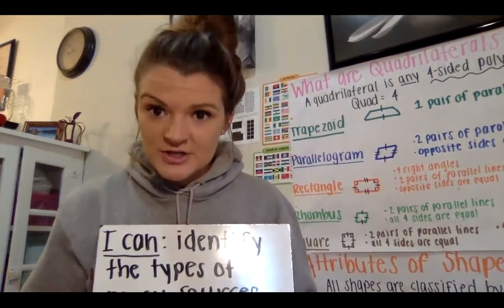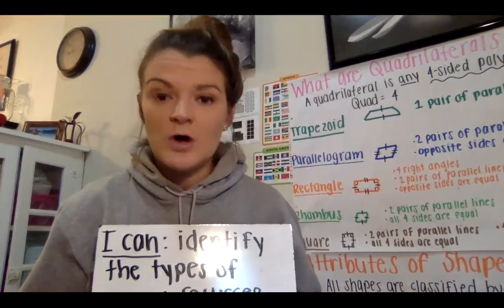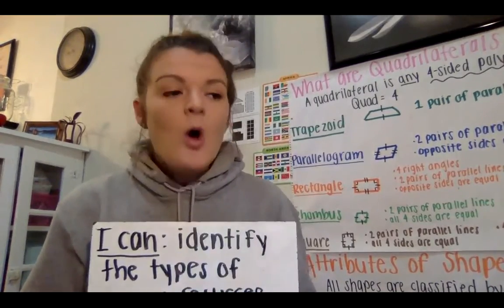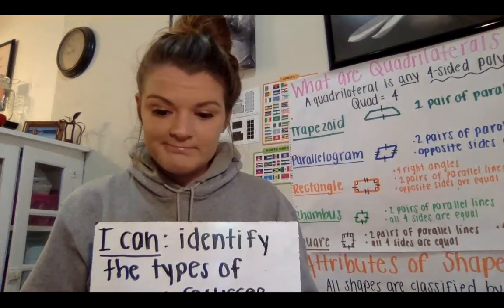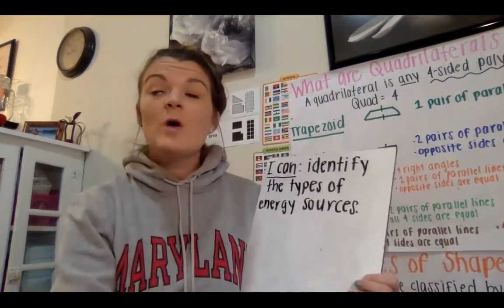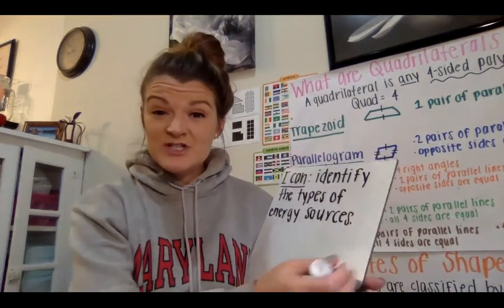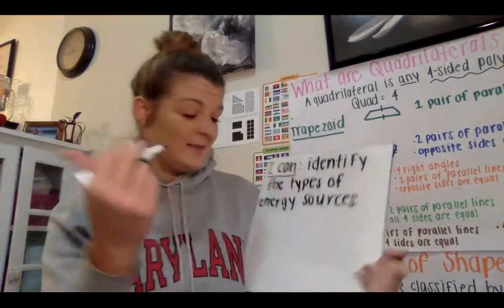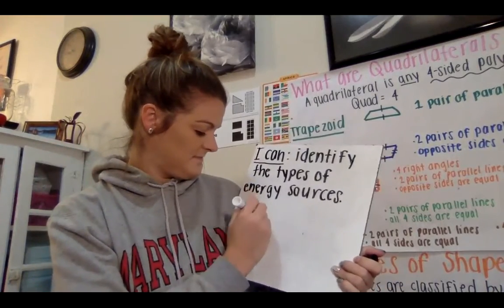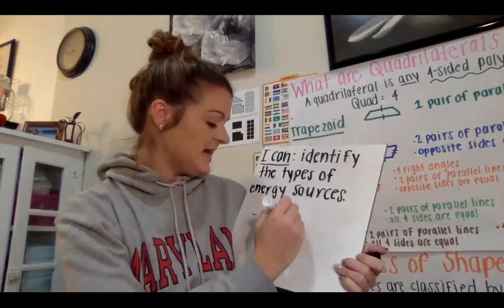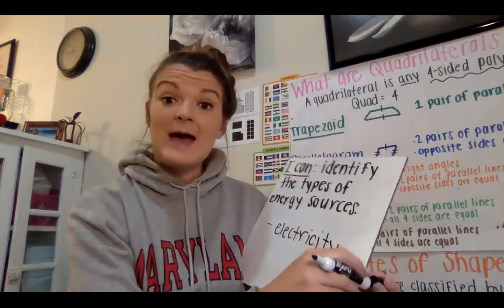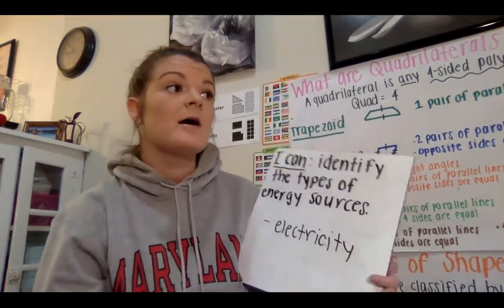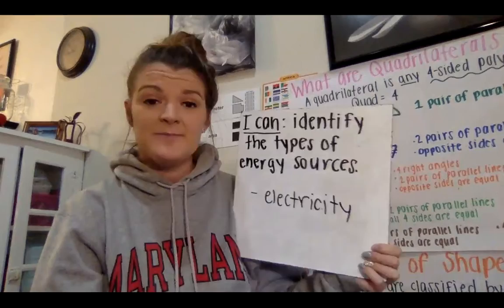Now, when we think about energy, energy is the ability to do work or to make something happen. What are some types of energy we can think of? Well, I know one is when I turn on light switches, that's energy. So electricity is a type of energy. We also use electricity when I'm using like my laptop and I'm charging it, or my cell phone, things like that.